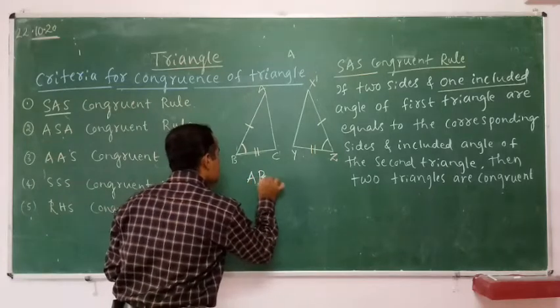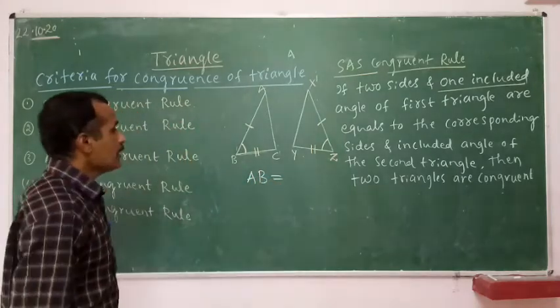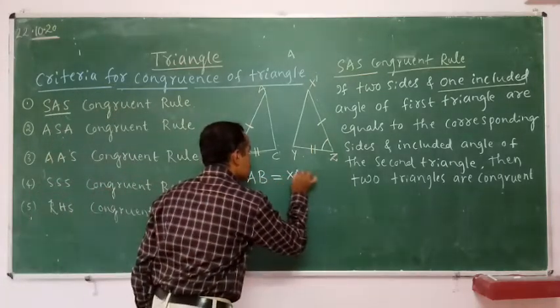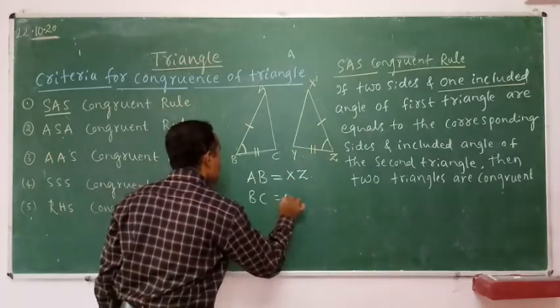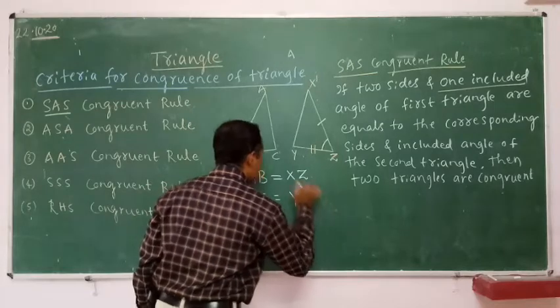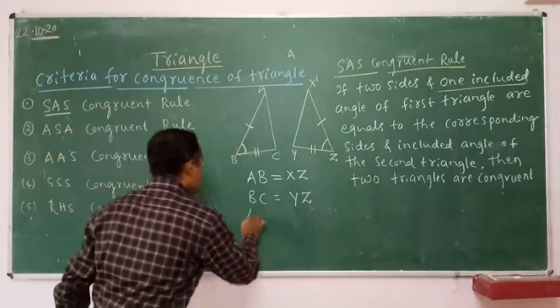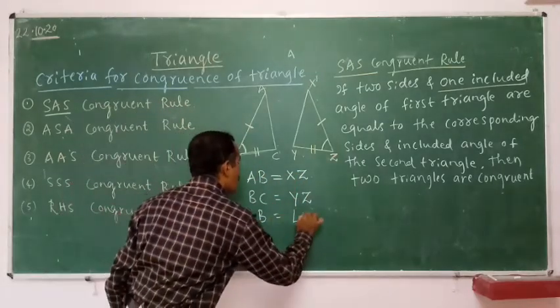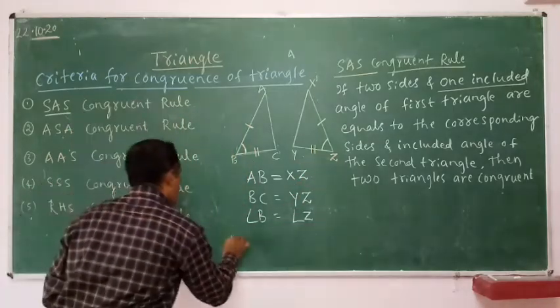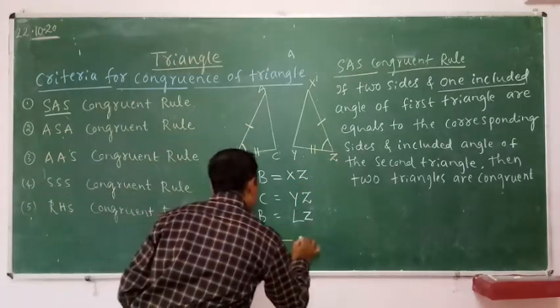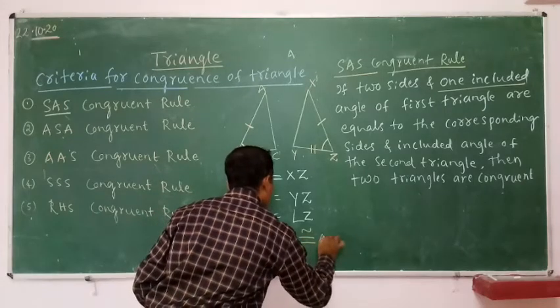AB equals XZ. BC equals YZ. Angle B equals angle Z. And I can say, therefore, triangle dash is congruent to triangle dash.